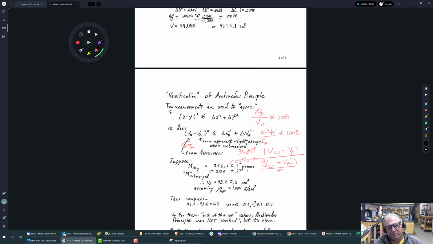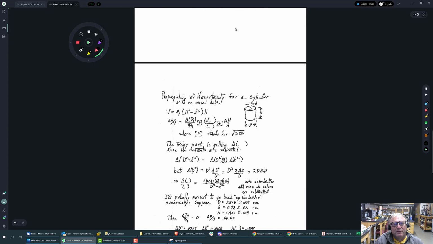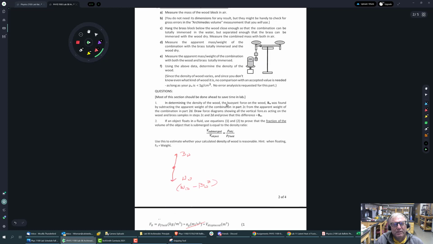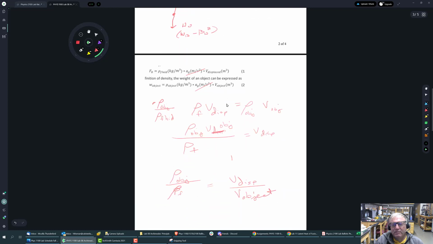You need to use the volume. You need to calculate rho, right? So you can calculate rho from Archimedes, and you can calculate rho from simply measuring it, and then you can compare either one of these to the accepted value. And then you're also, qualitatively, demonstrating the conditions that something has to float. And we went over that in class.